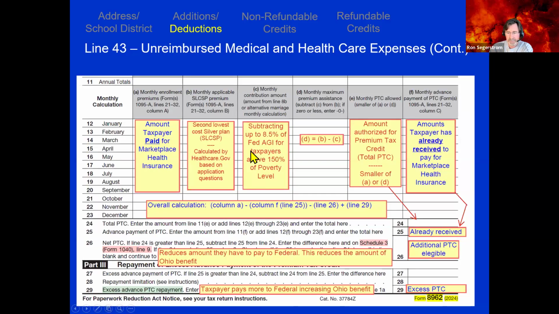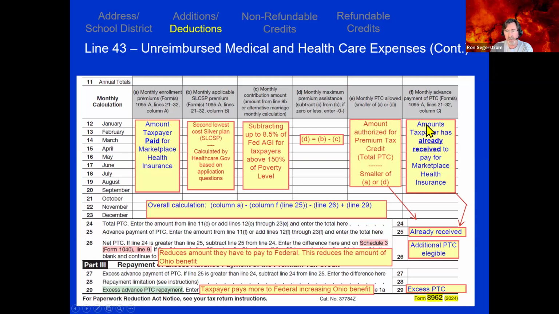So this is Form 8962. This is what's included in the taxpayer's federal return from the ACA. Again, you have column A, and it may be a single total up here, or it may be per month, but that's how much they paid the marketplace for marketplace health insurance.